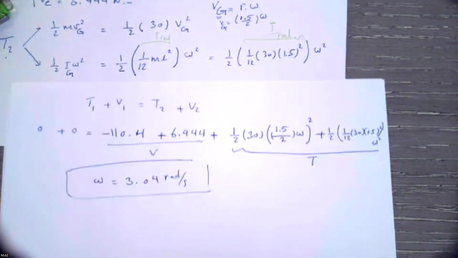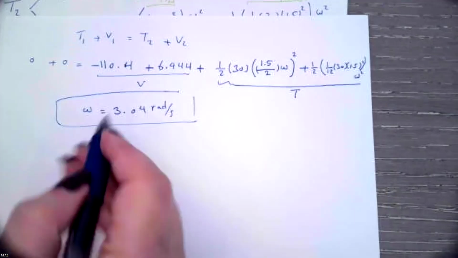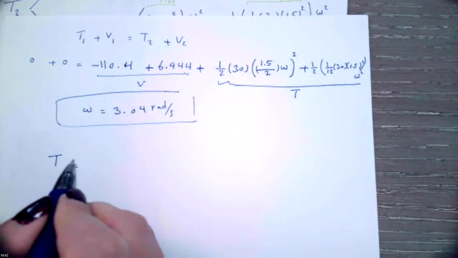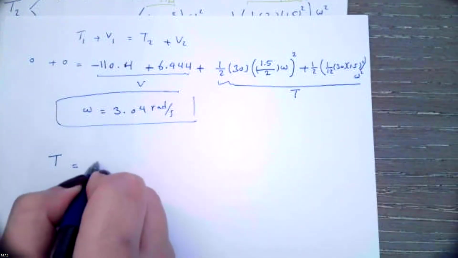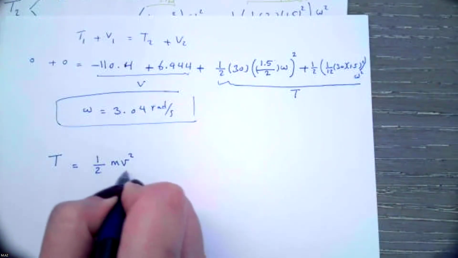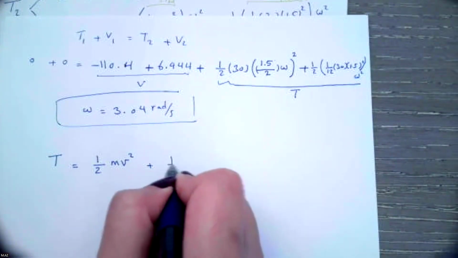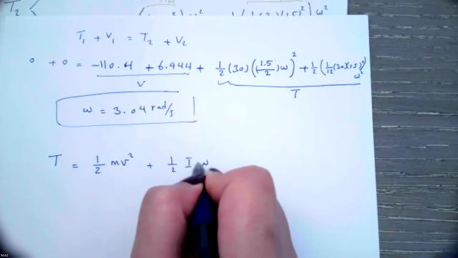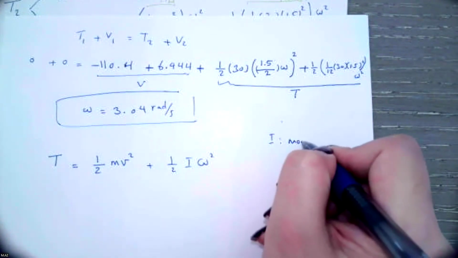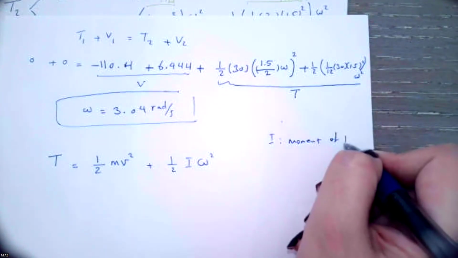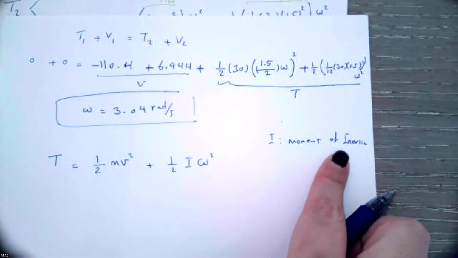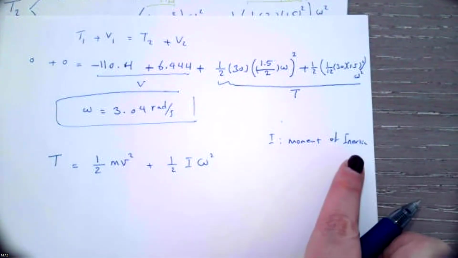Just as a quick review, once the system has general plane motion, the kinetic energy has two components: half of the mv squared plus half of I omega squared. What is I? It is the moment of inertia, and at different points it has a different value.